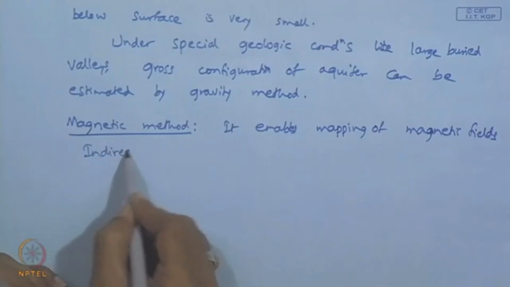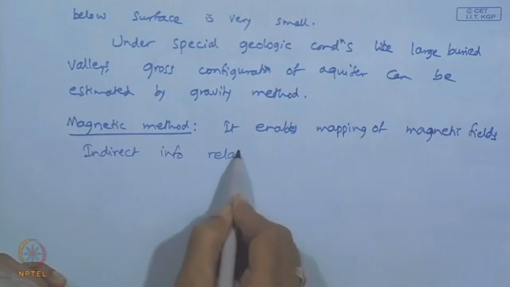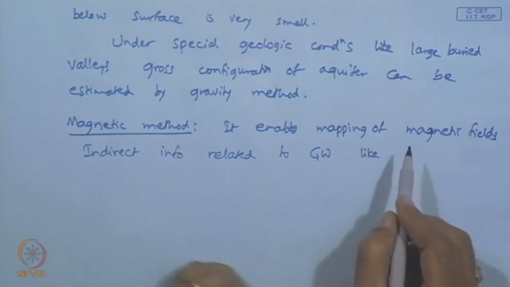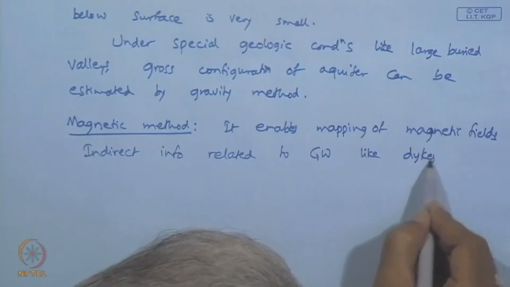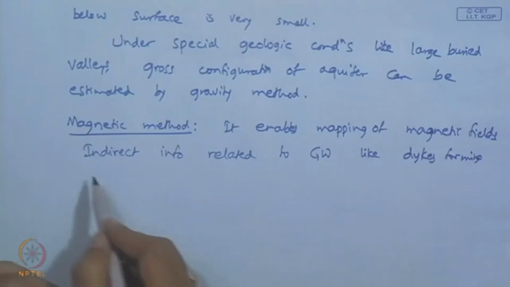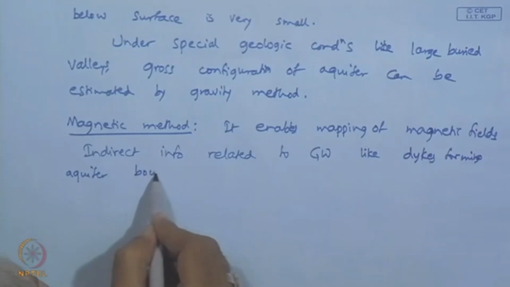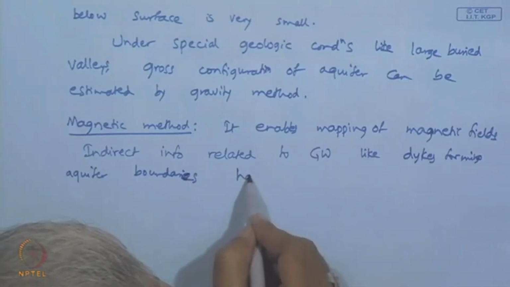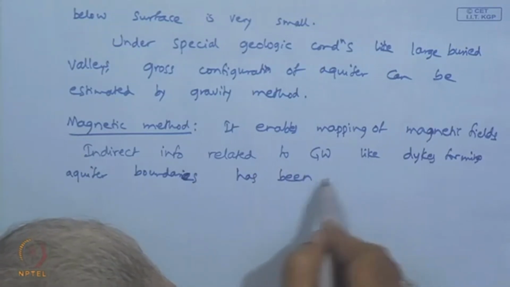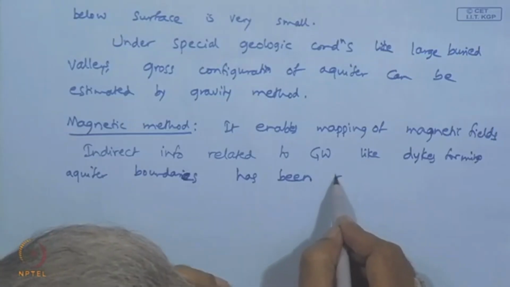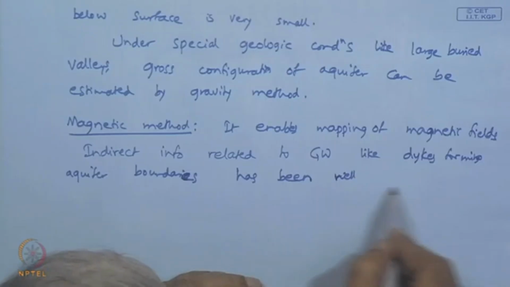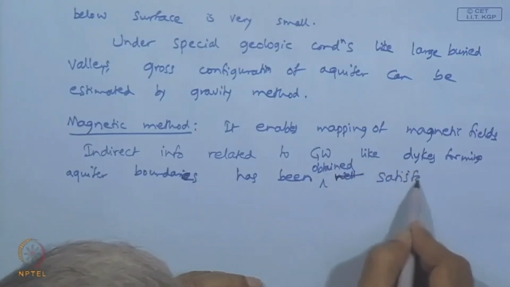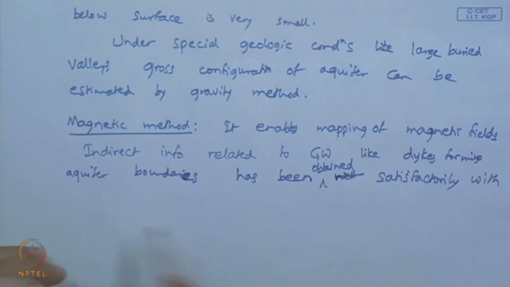So, indirect information related to groundwater, like dikes forming aquifer boundaries, has been obtained satisfactorily with the magnetic method.